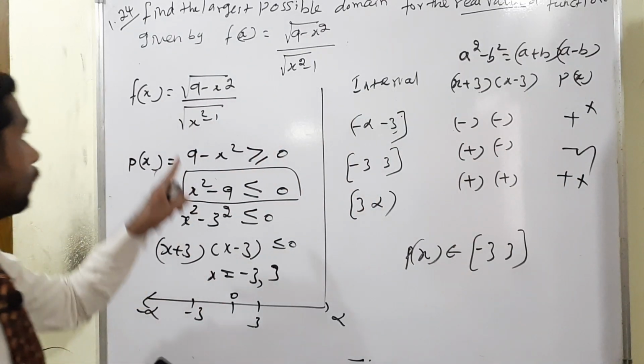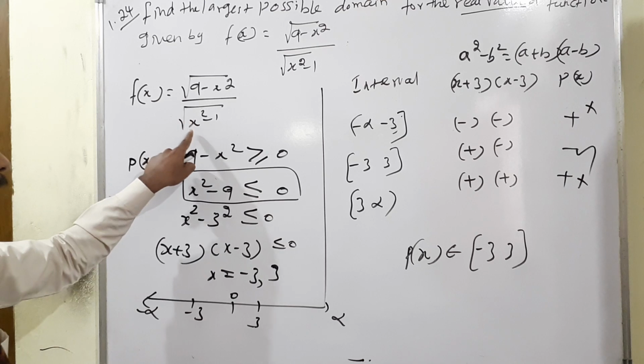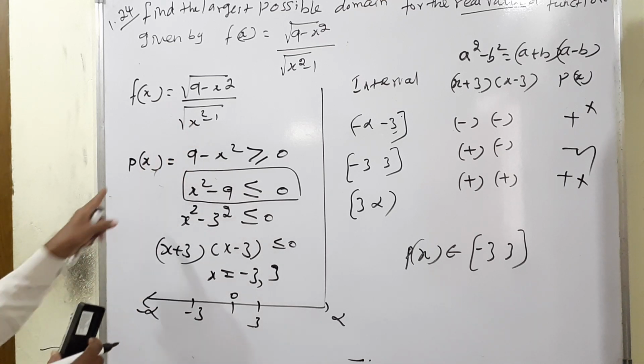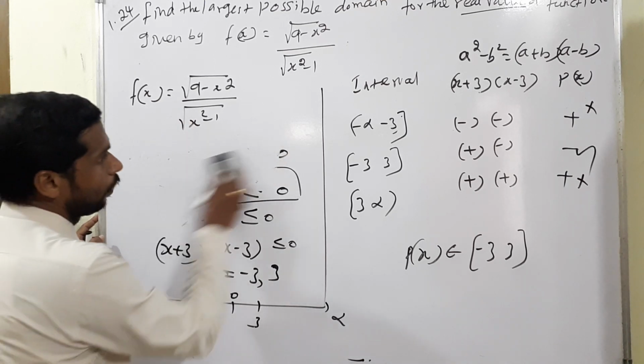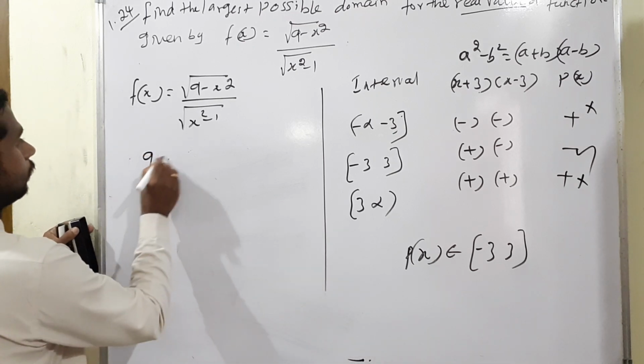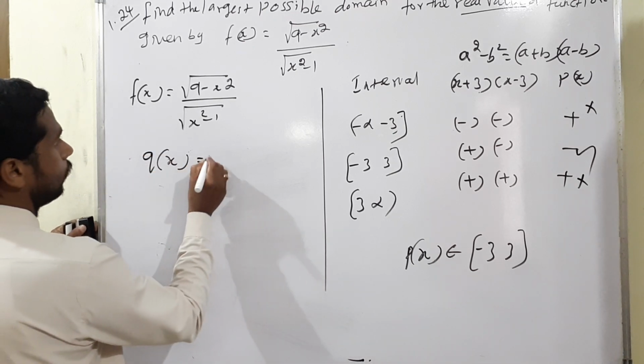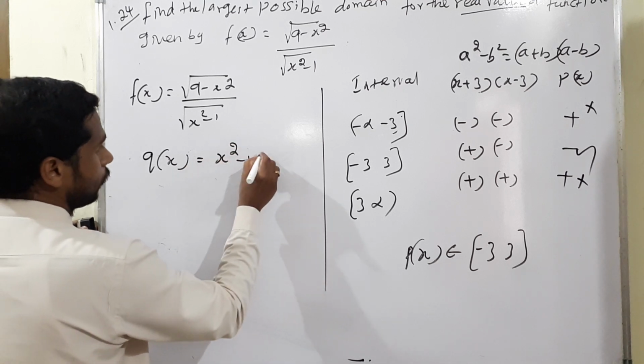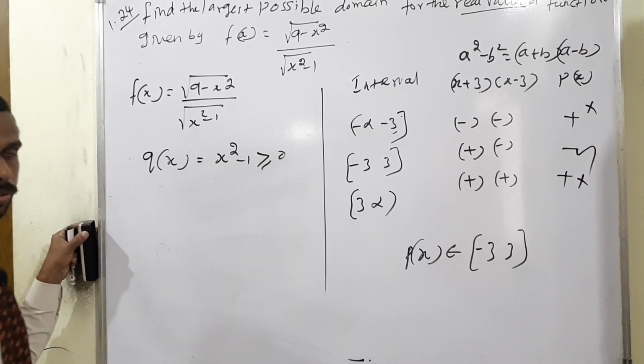Next case: this was the numerator, now the denominator, consider q of x. p of x we have already taken. q of x is equal to x square minus 1. This is also always greater than or equal to 0.